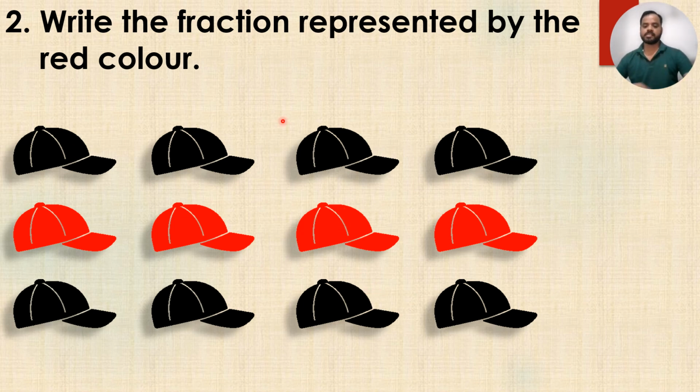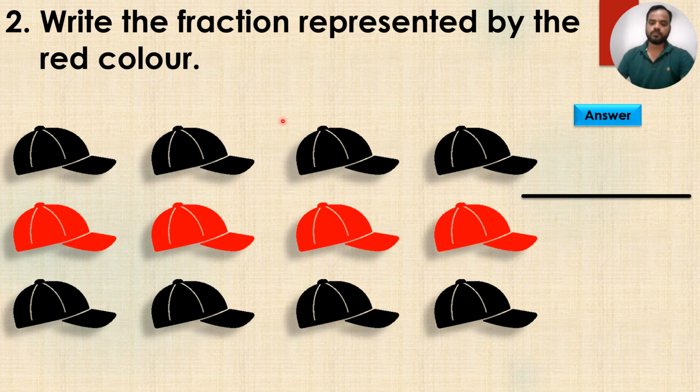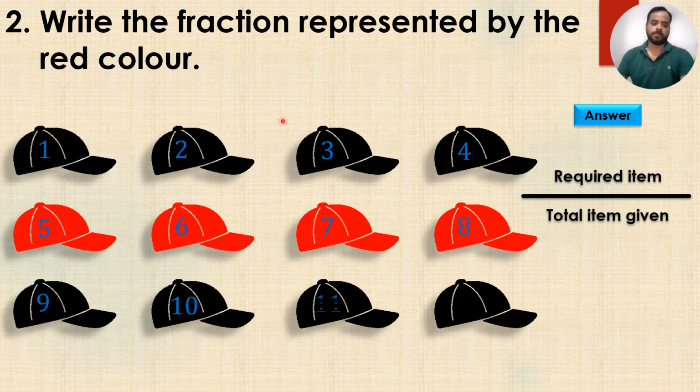So let us understand. We write the fraction as numerator divided by denominator. The denominator is the total item given and the numerator is the required item. Here there are 12 caps, so the total item given is 12.